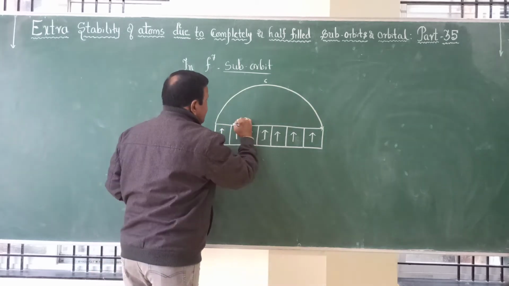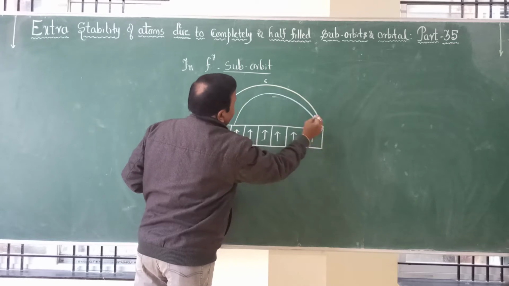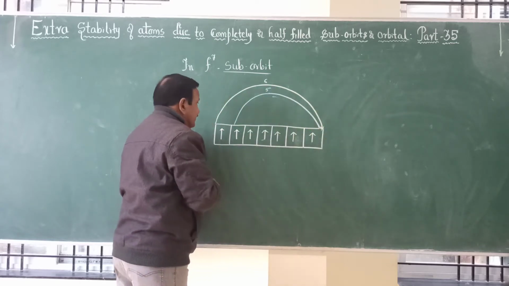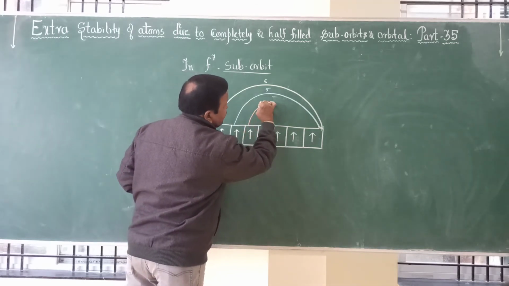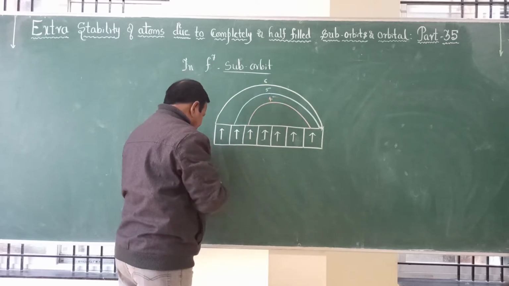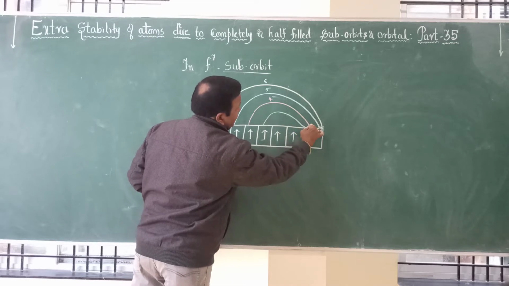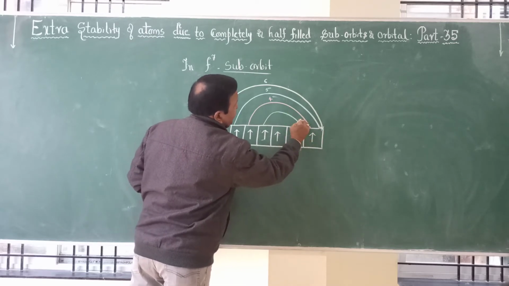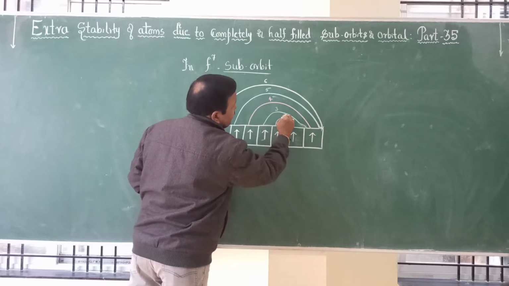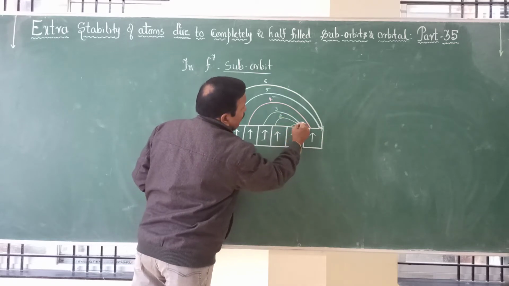And the next can exchange 5 positions, and this can exchange 4 positions, and this can exchange 3 positions, and this can exchange 2 positions, and this can exchange only 1 position.